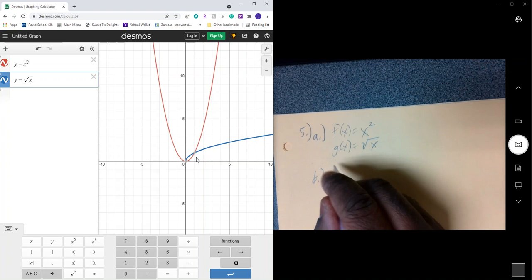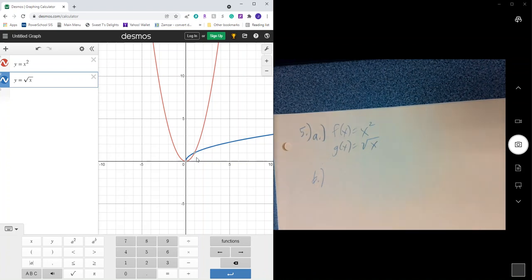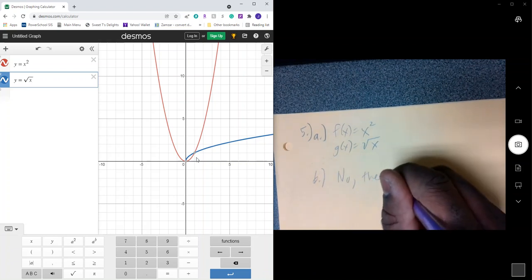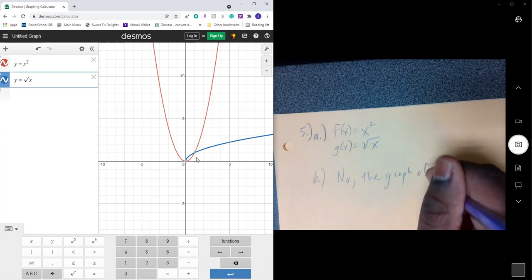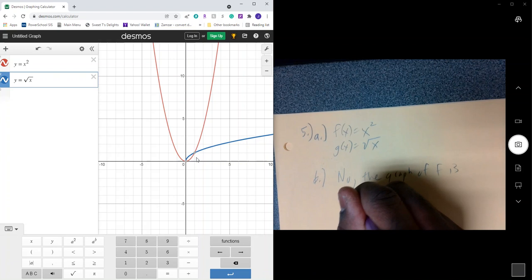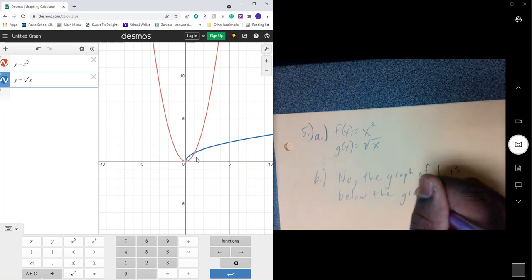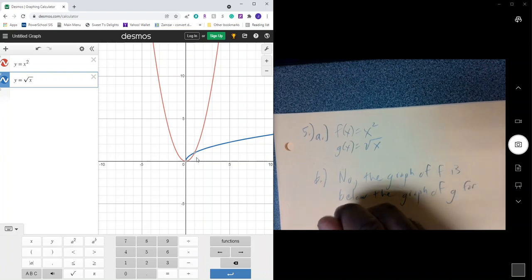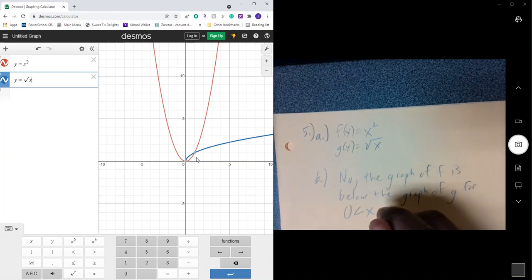Now we look here at B. They asked us, is x squared greater than the square root of x for x being greater than 0 but less than 1? And then it'd be no, the graph of f is below the graph of g for 0 is less than x, which is less than 1.